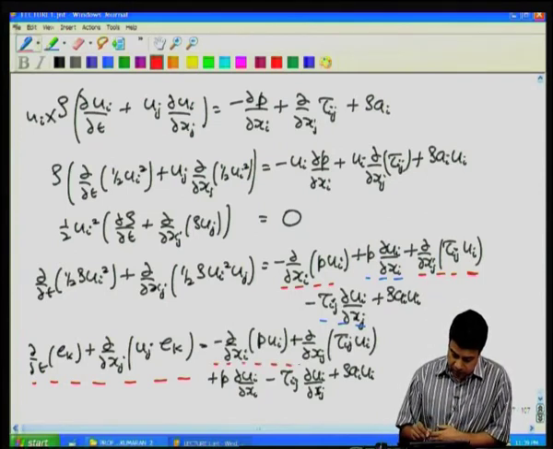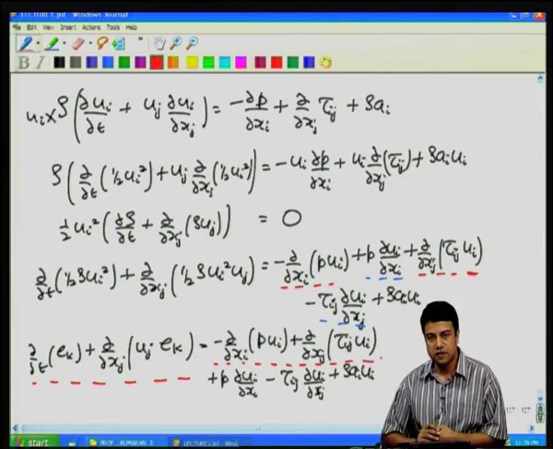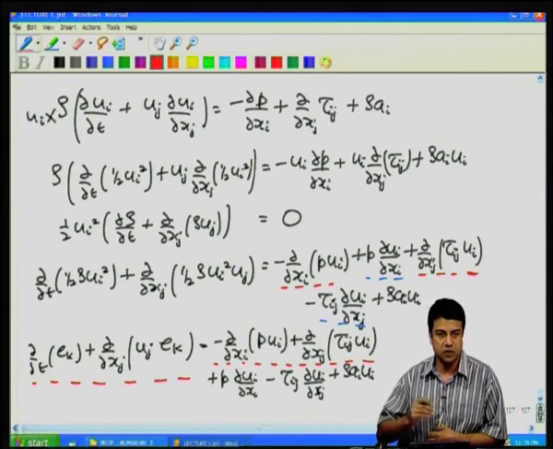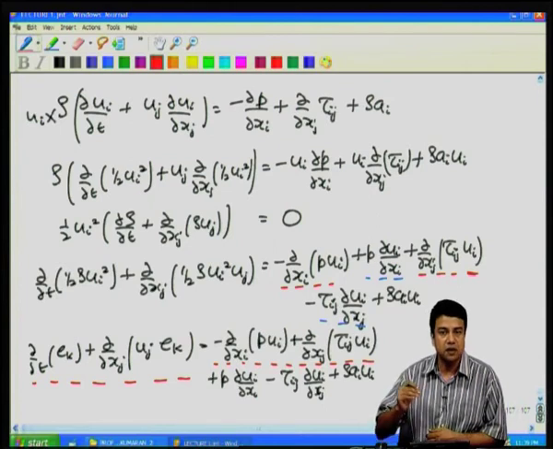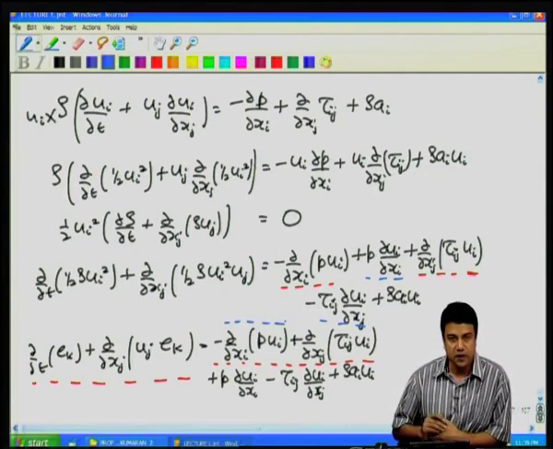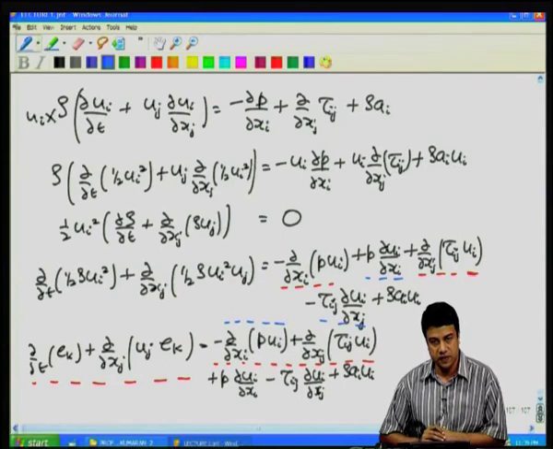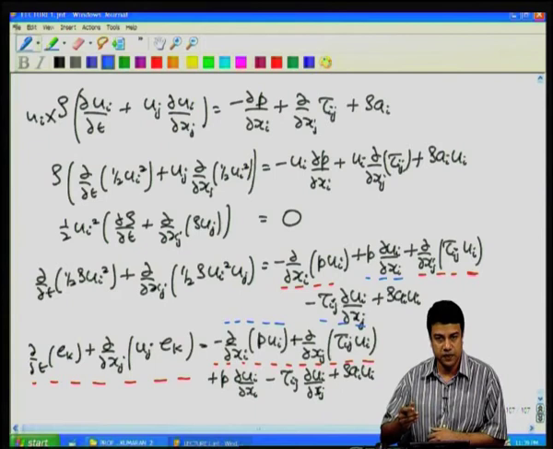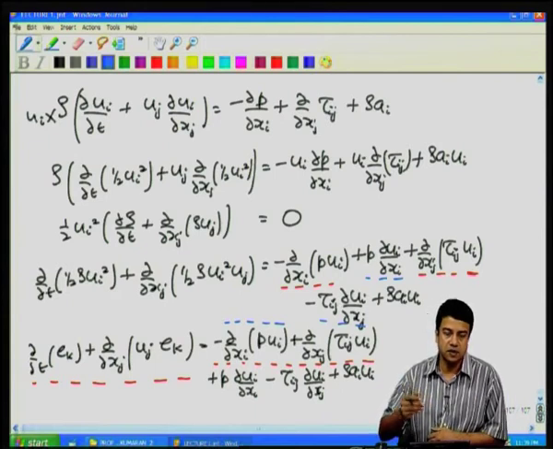These two terms here are both divergence of something integrated over a differential volume, which is the same as n dot that thing integrated over the surface area. So, these contribute a surface flux. The first term is a surface flux of energy due to the pressure work done at the surface: the divergence of P u_i, integrated and multiplied by the unit normal, gives the pressure work done at the surface.